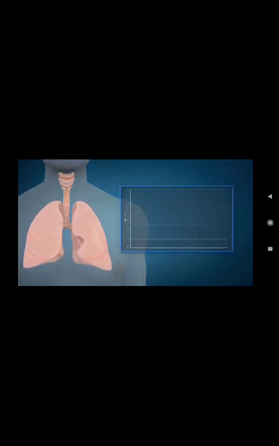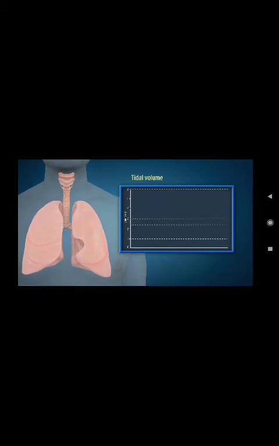Lung volumes. Tidal volume. It is the volume of air inhaled or exhaled out of the lungs during normal, quiet respiration. Logically, during normal or quiet breathing, the volume of air inspired is equal to the volume of air expired.